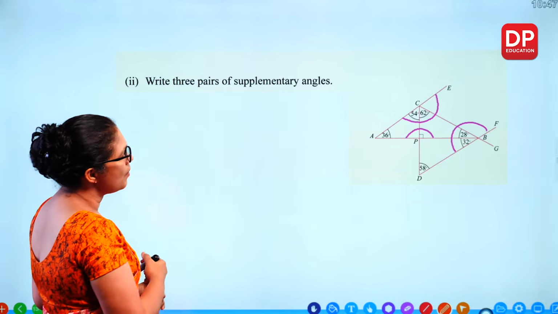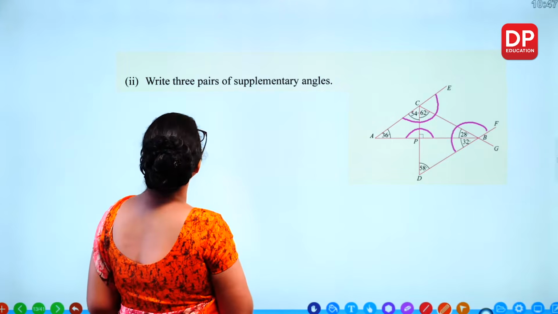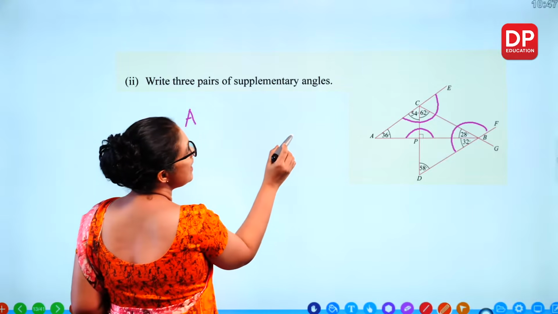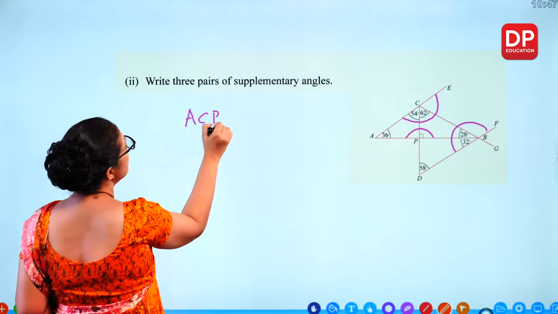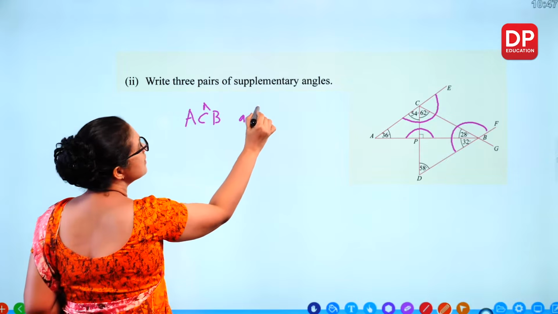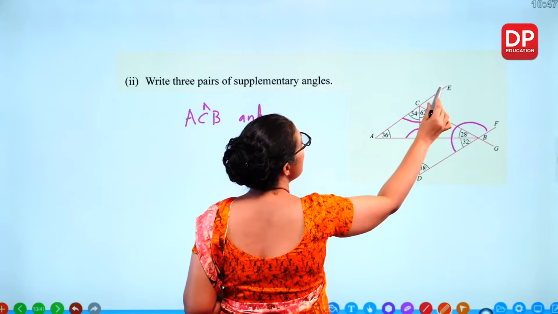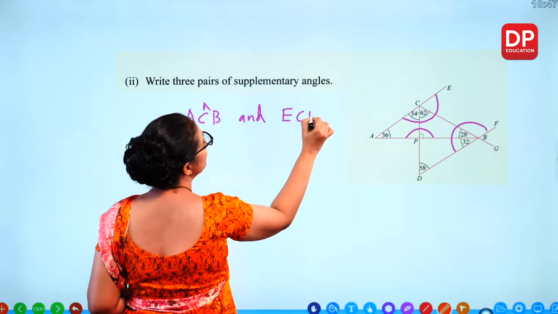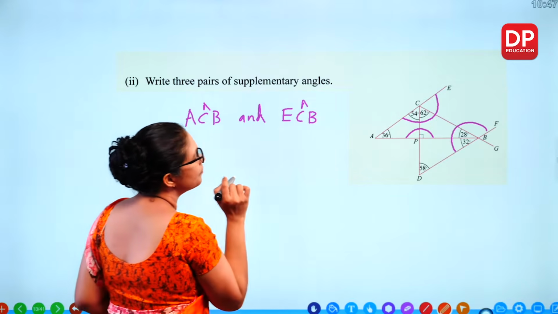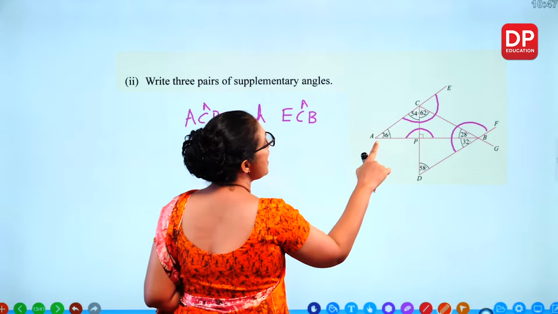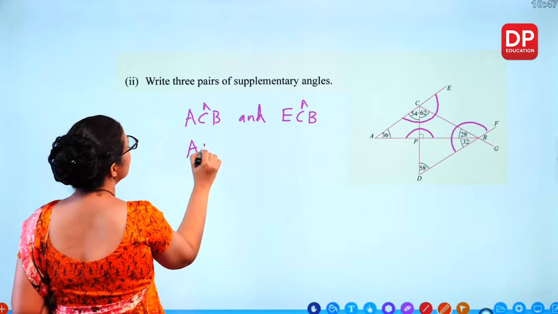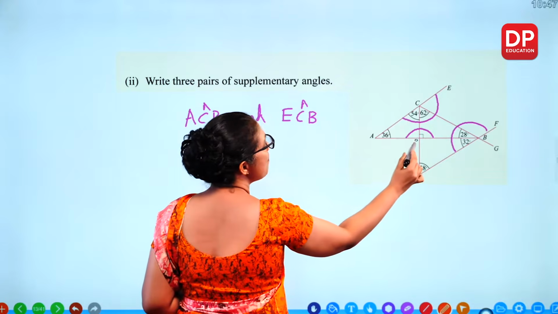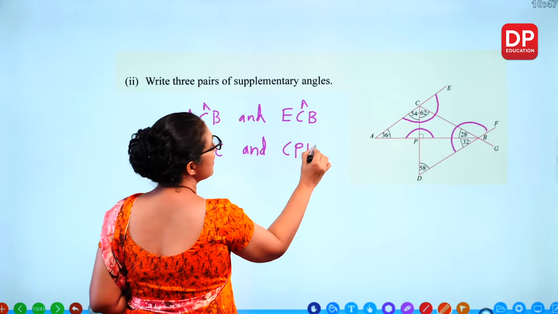So we'll write down. So you can write ACB angle and ECB angle. This one, APC angle and CPB angle.